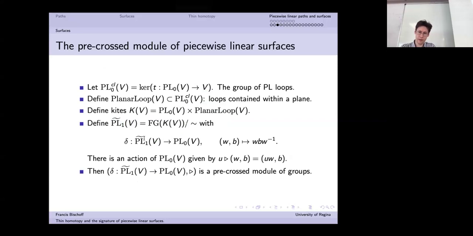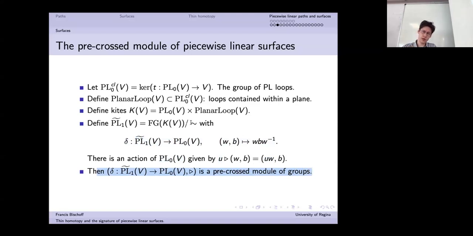So that's this map here. There's also an action of PL0 on this thing, which is given by taking a path and concatenating it with this tail path. And my claim is that this thing is a pre-crossed module of groups.